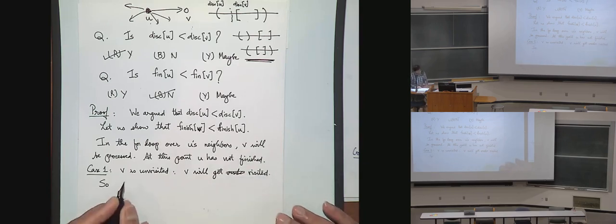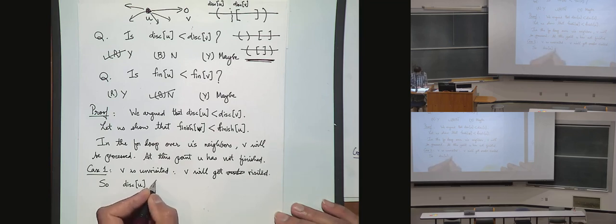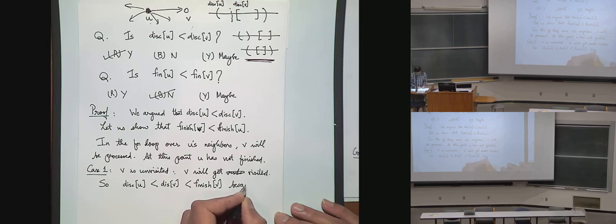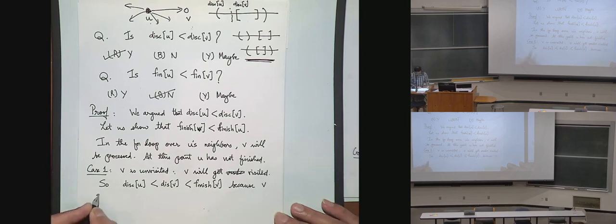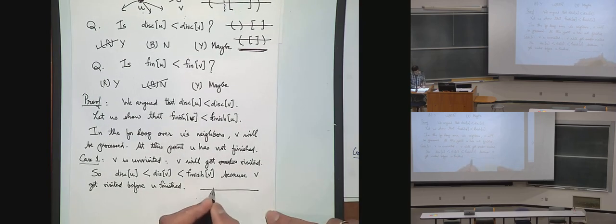So, I'll write this down, is that the discovery of U is going to be less than the discovery of V, which we know, is also going to be less than the finish of V, because V got visited before U finished. Right? So what this is saying is the picture looks like this.